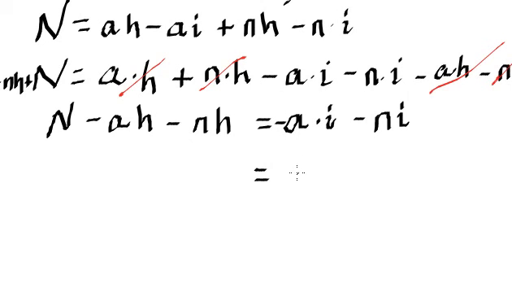And the way this works is I'm going to pull the I out front. And I'm also going to factor out the minus sign, or the negative.